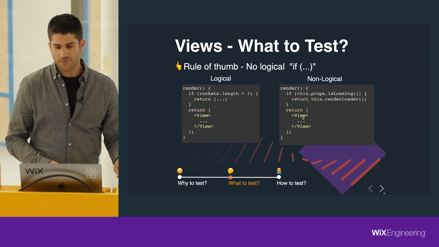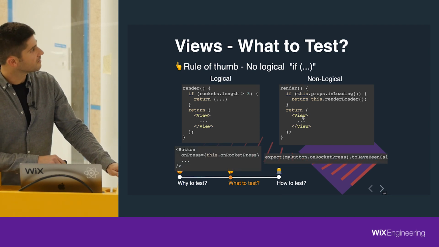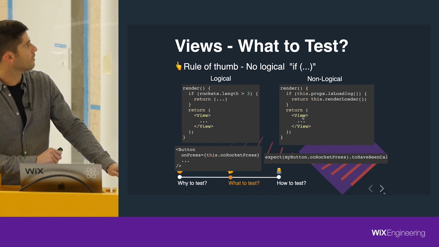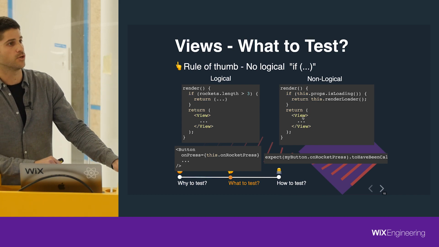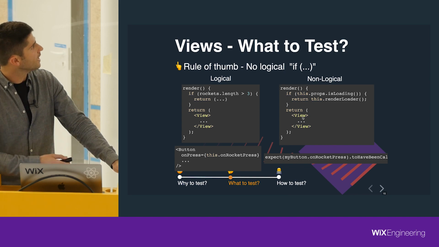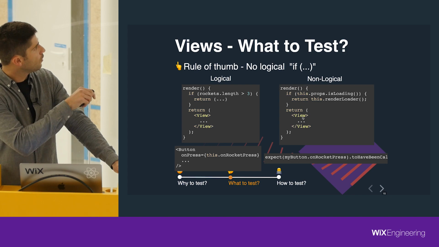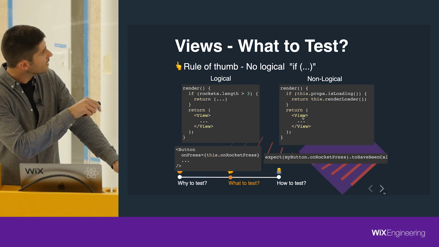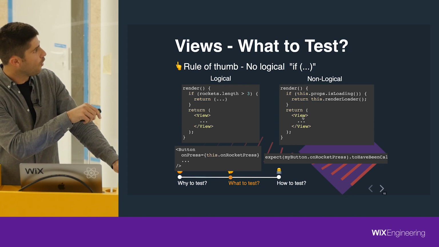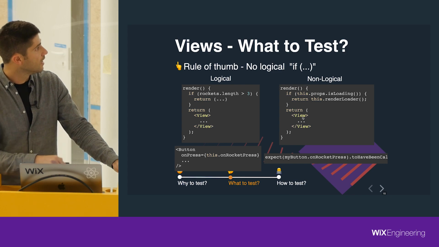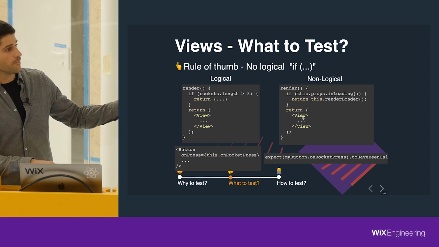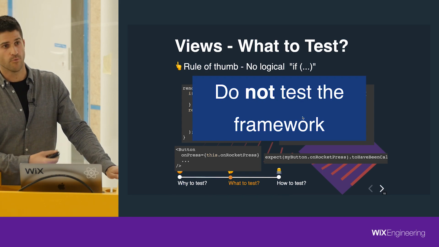But what if I want to test, for example, that the button press has been called? This is how it looks. I have a button with an onPress, and here I test that onRocketsPress has been called. For me, it's useless because I don't test the framework.